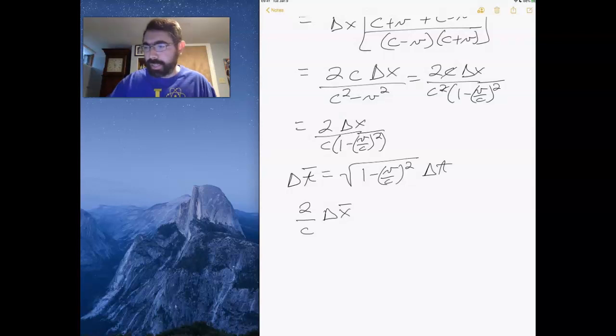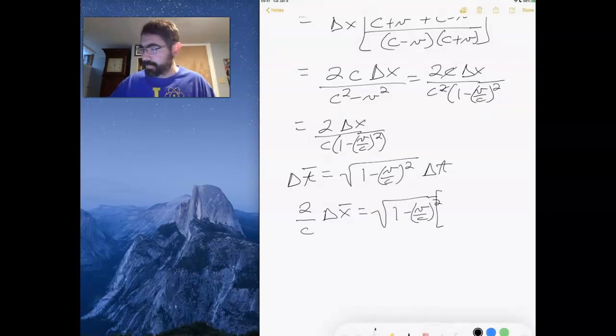And then I have essentially the square root of 1 minus v over c quantity squared, and on the other side, 2 over c delta x divided by 1 minus v over c quantity squared.